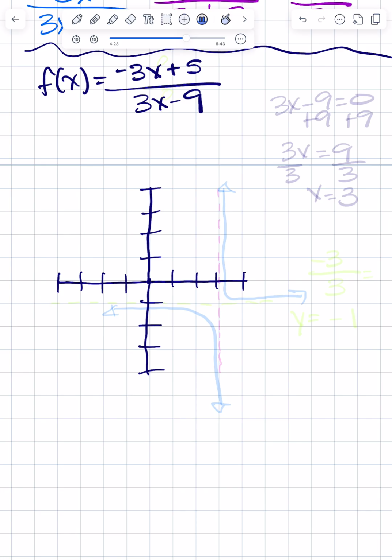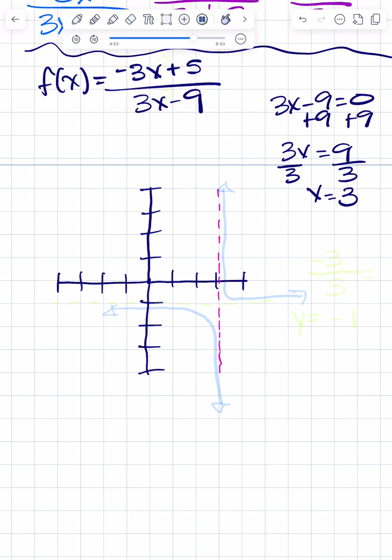We can't really do anything else besides pull out a 3, but there's no point. So we're going to set the denominator equal to 0 and solve for x. So x equals 3. So our vertical asymptote will be at x equals 3.